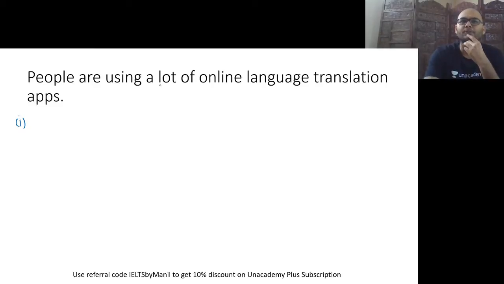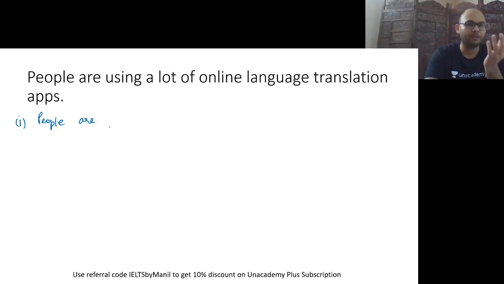So, people are using a lot of online language translation apps. People, see, once again, you don't need to use a synonym for every word. Is there a good synonym for people that we can use in this instance? Not really. So what we'll do is we'll just write people. Okay, people are using.